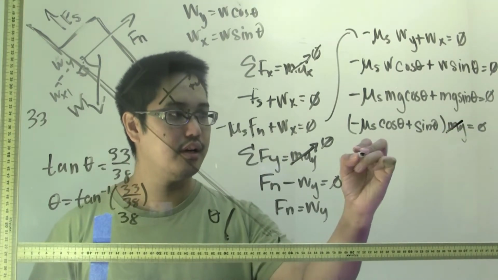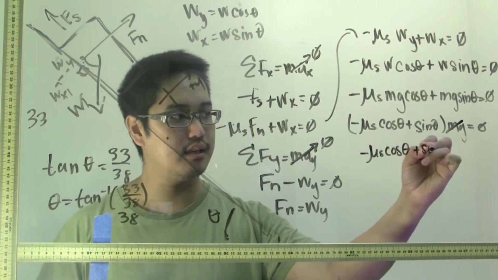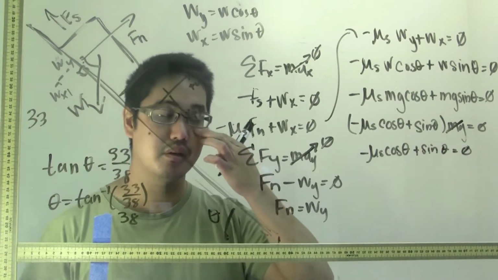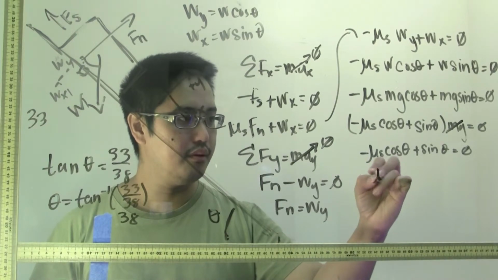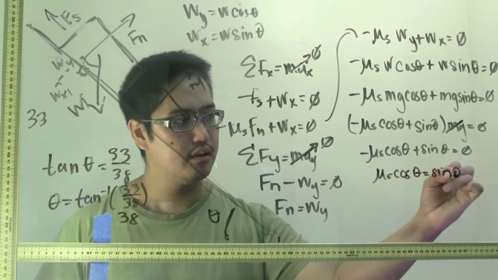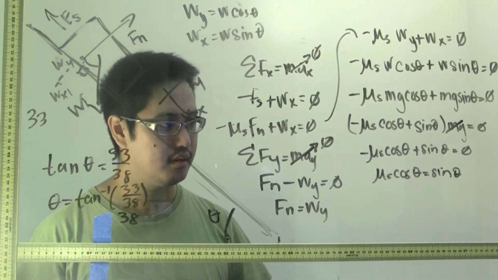So I have negative mu s cosine theta plus sine theta equals 0. Or, maybe more to the point, mu s cosine theta equals sine theta. All I did was move this over to the other side and make them equal to each other.